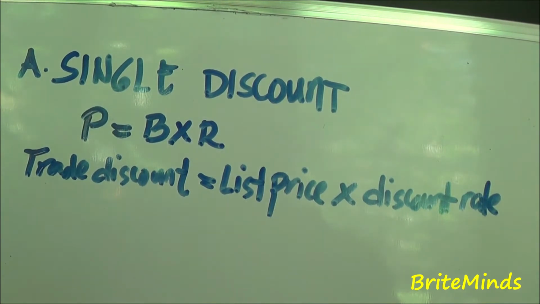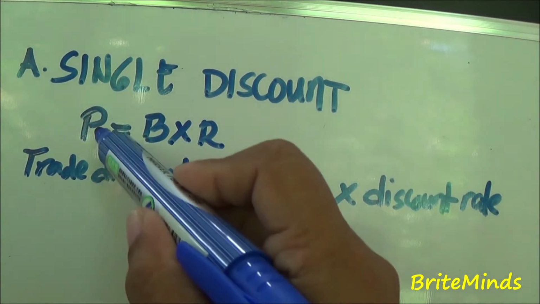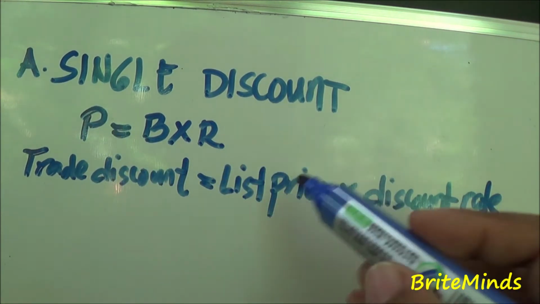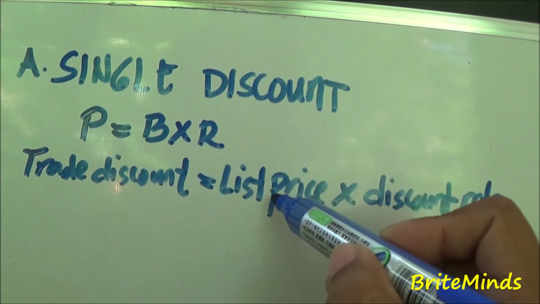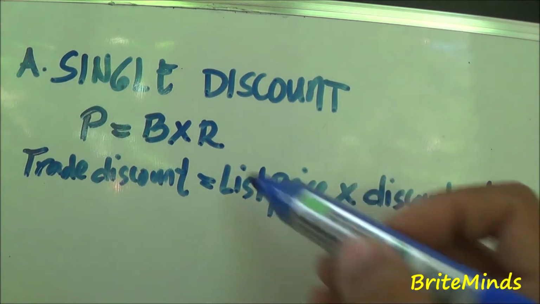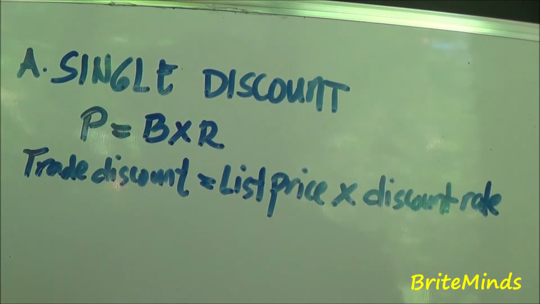We can see here the trade discount is the percentage, the base is the list price, and the rate is the discount rate.